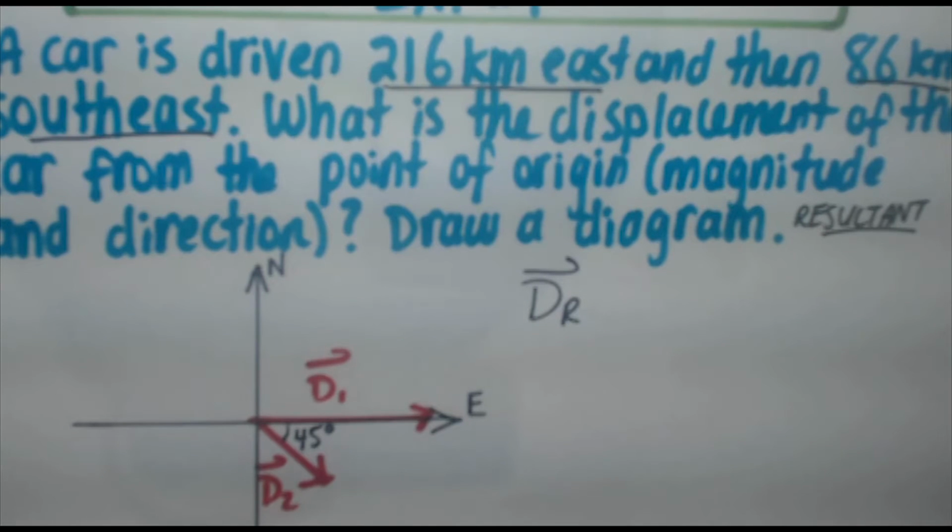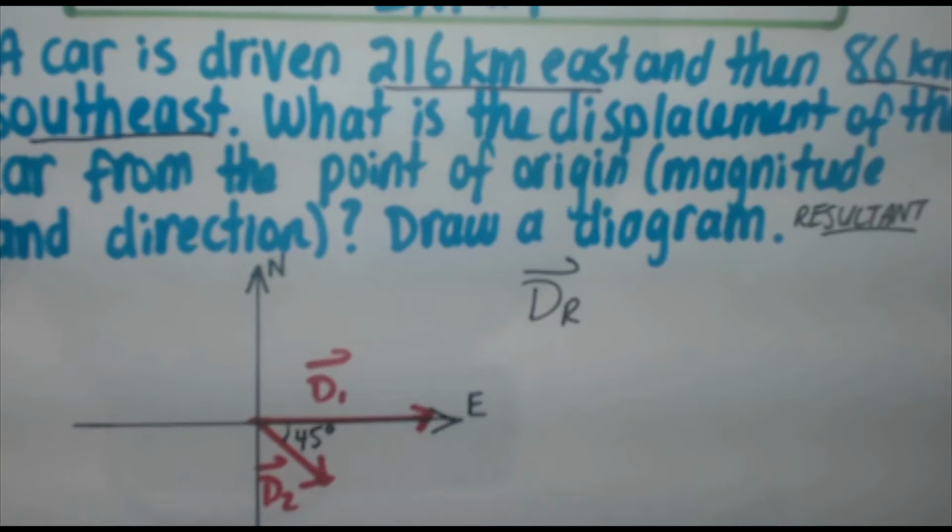Other things that qualify as scalars would be age, because you can't say I'm 14 years north, that doesn't make any sense. Your mass, 60 kilograms, you're not 60 kilograms northeast. Again, it doesn't make sense. Even time is a scalar. But displacement, velocity, magnetic field, these things are vectors, magnitude and direction.